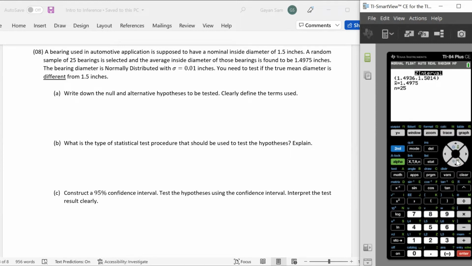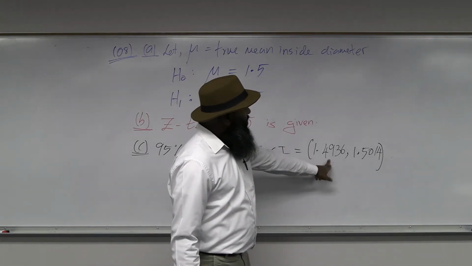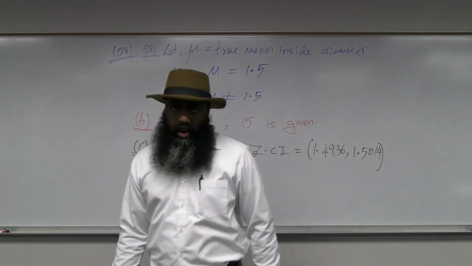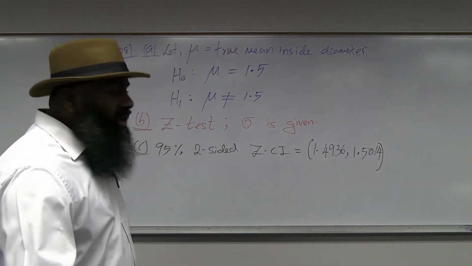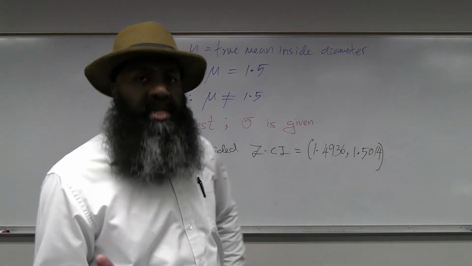The 95% Z confidence interval for the true mean bearing diameter is from 1.4936 to 1.5014. That's the 95% two-sided Z confidence interval. So what's the test procedure now?